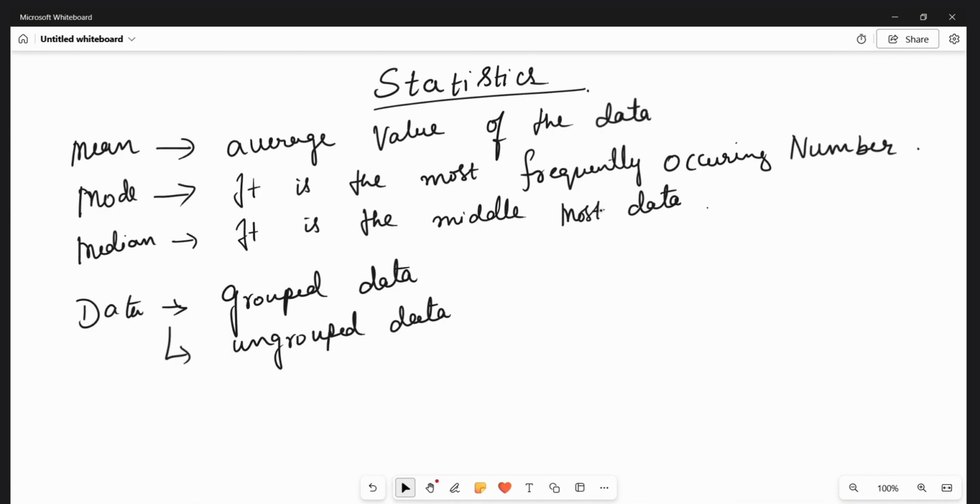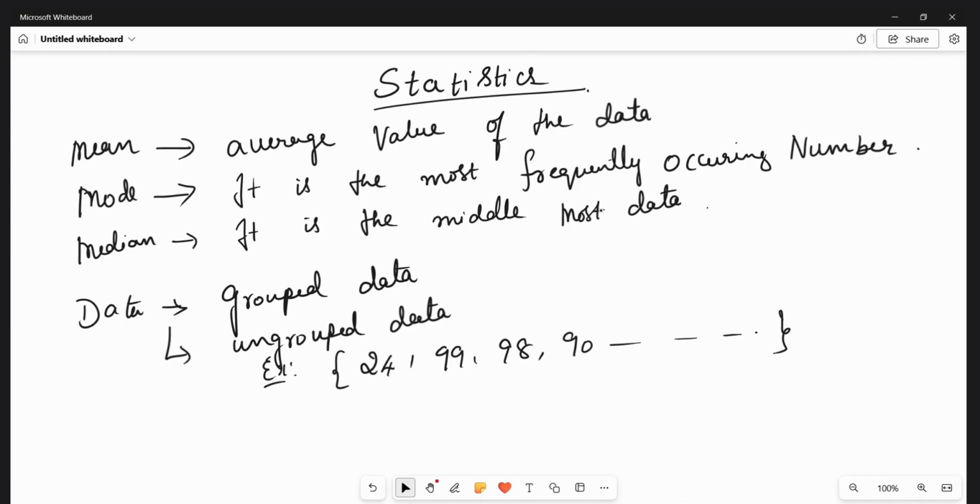For example, if some 10th standard students are there, they just give the marks. One has got 24, something like this, it goes on. So just the data is there like that. That is ungrouped data.